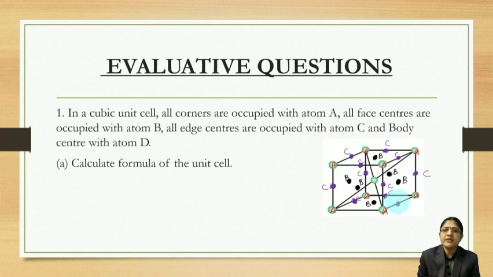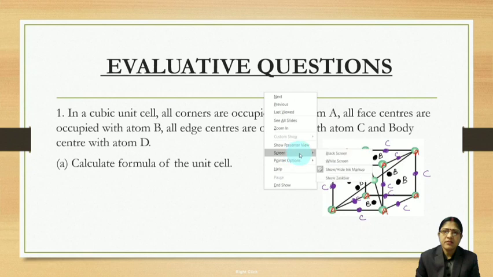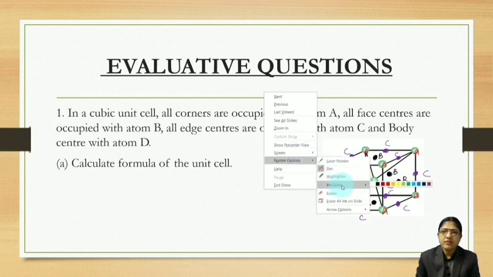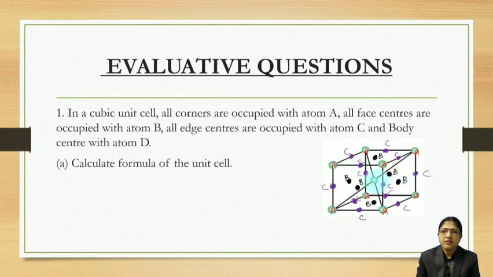So 12 edges, 12 edge centers are there, right? They are occupied with C. And body center, body center, this is D, right?